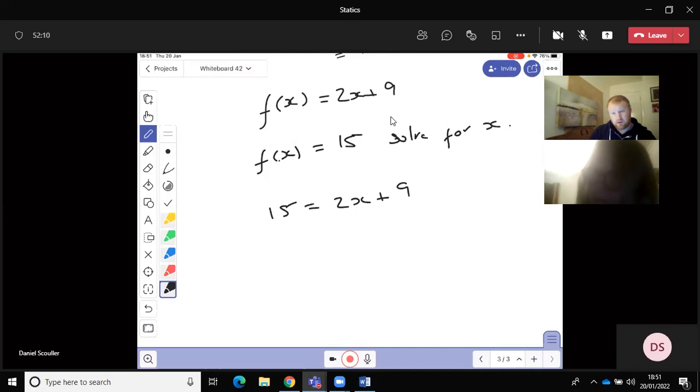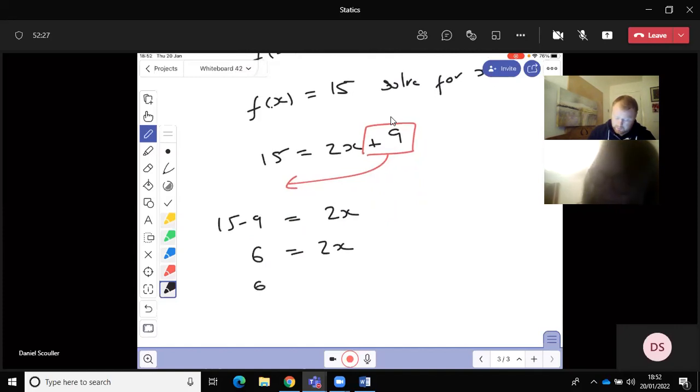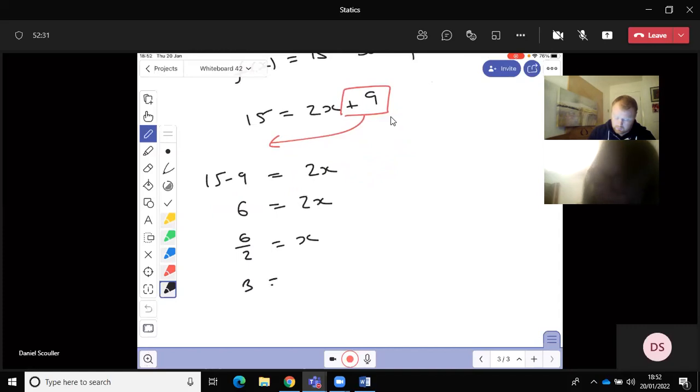You can leave x on the right-hand side. First one you bring over is that 9. 15 minus 9 is 2x, so that'd be 6. Or we could write that as x equals 3.